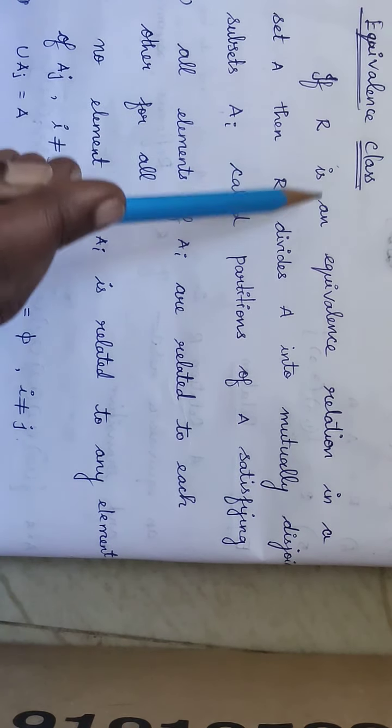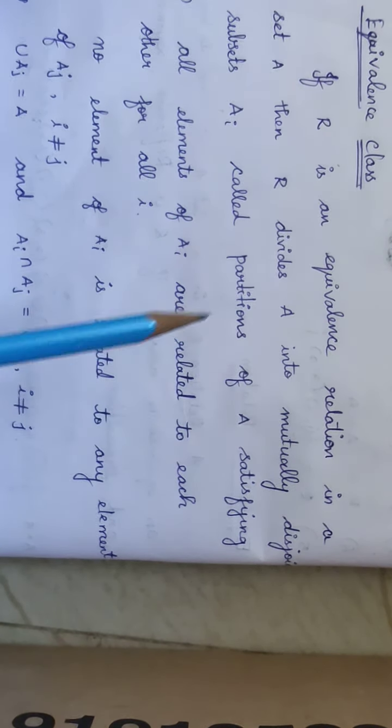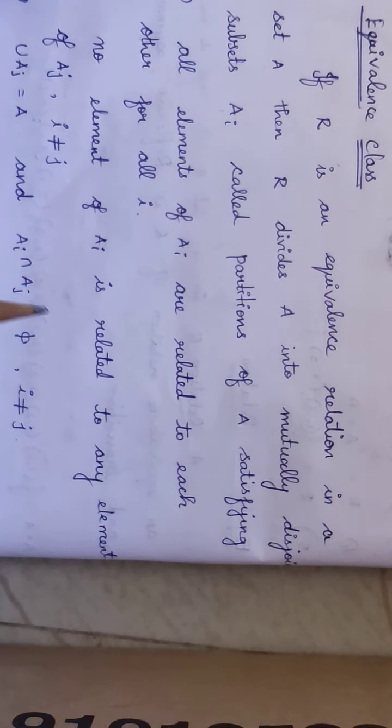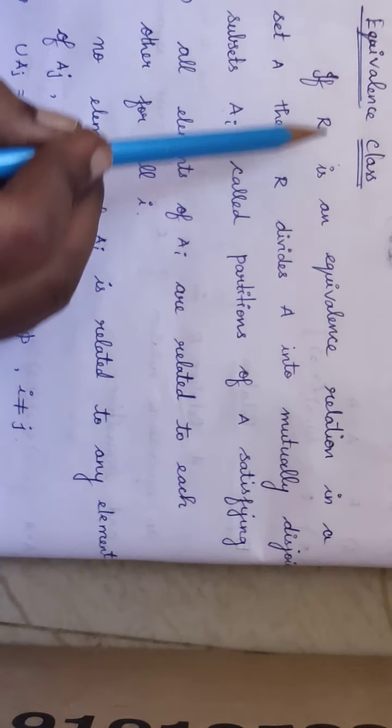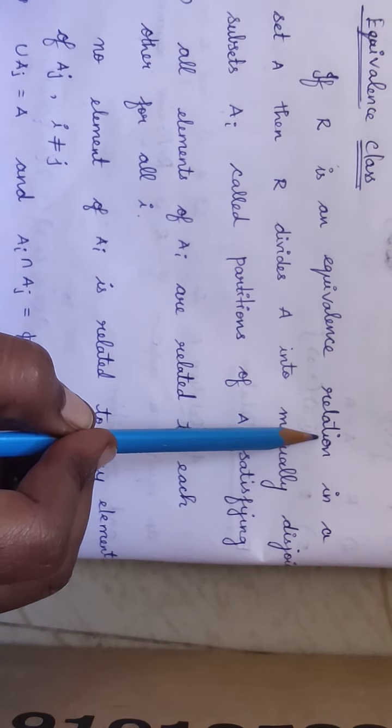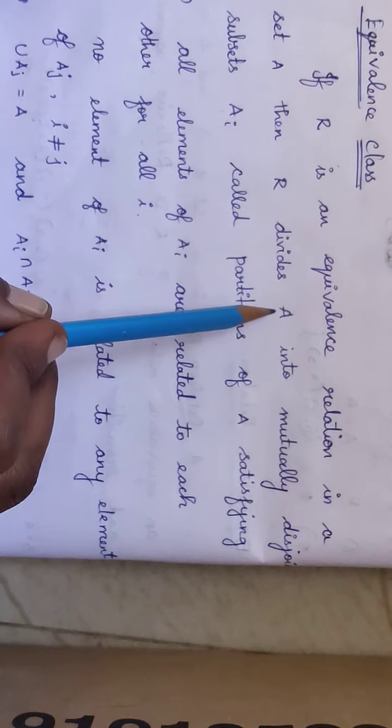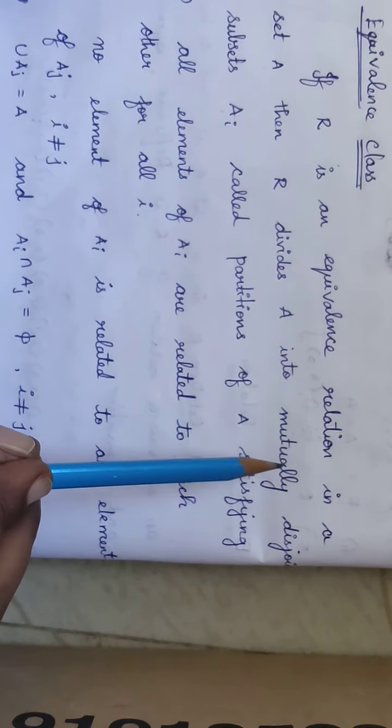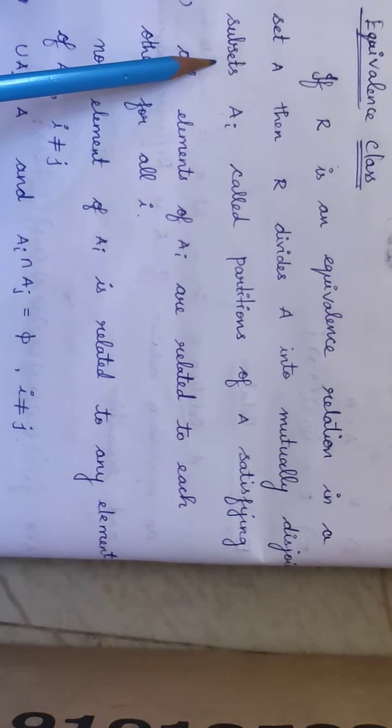See here, R is an equivalence relation. Just now we have learned about equivalence relation. Equivalence relation means it should satisfy the conditions of reflexive, symmetric and transitive. In that equivalence relation, R divides A into mutually disjoint subsets.